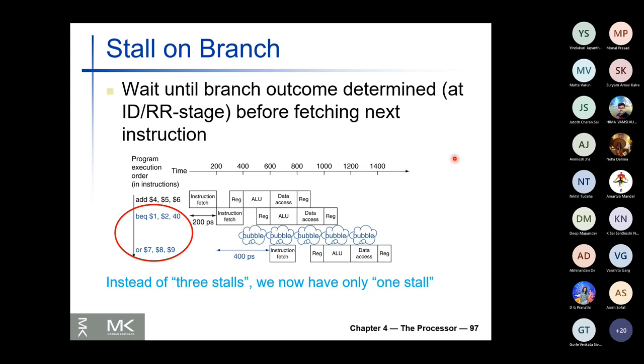But in order to implement this, my hardware cost would increase a little bit because I need an additional copy of this zero checking hardware. And the PC update hardware is the same, the only thing is that we have moved it to the IDRR stage. So this is one simple hardware solution.